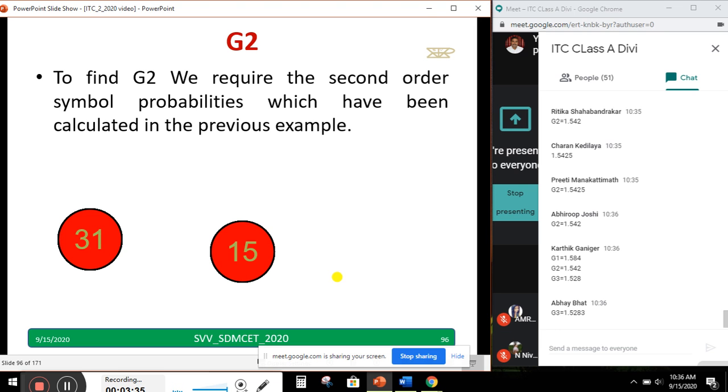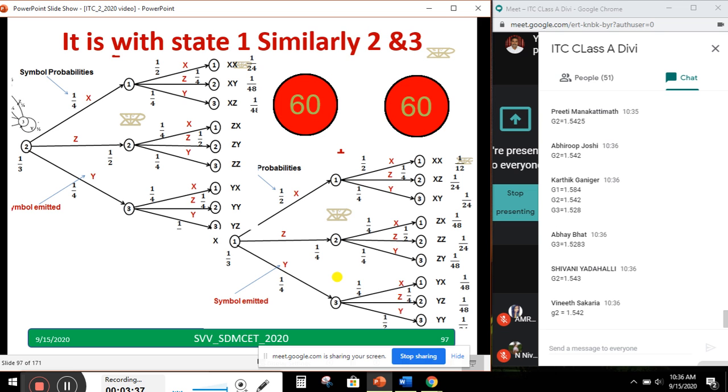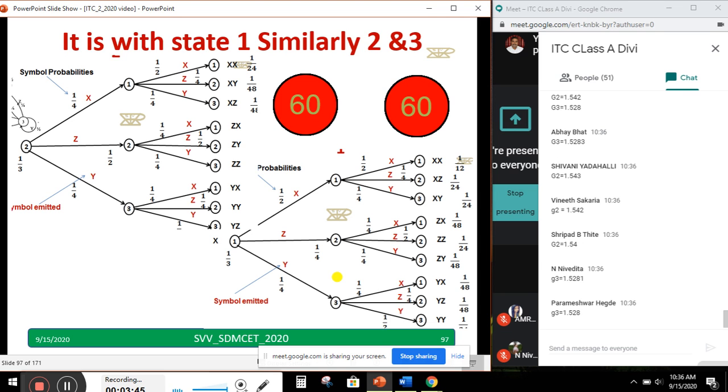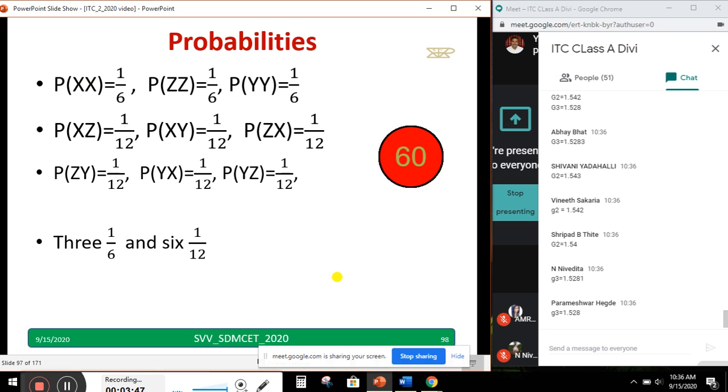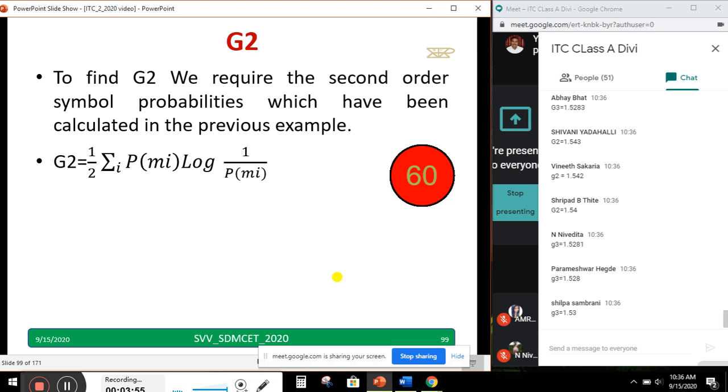Abhay Bhatt, very good. So considering this, and G3 also some students have written. Karthik, very good. G3 they have done, Abhay Bhatt, and others have done G2. G3, Parmeshwar Hegde, 1.528, very good. Shilpa has done G3. Parameshwar Hegde, Nivedita has done G3, very good. G3 will take more time.